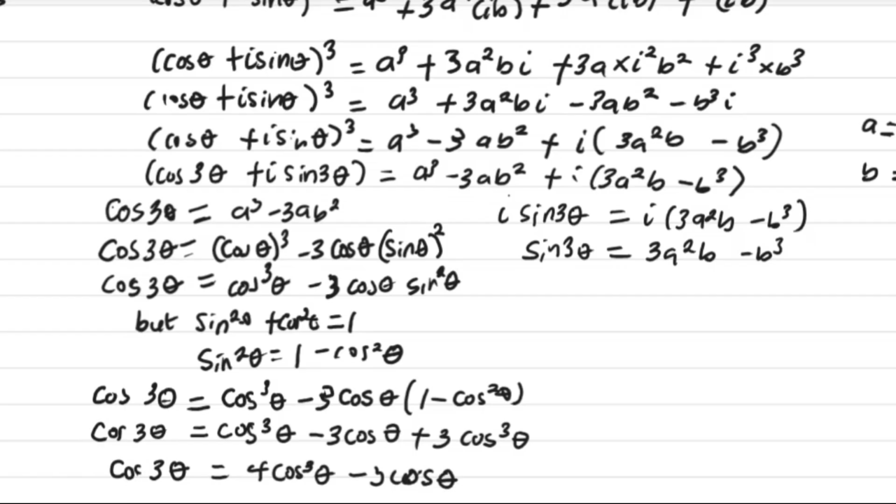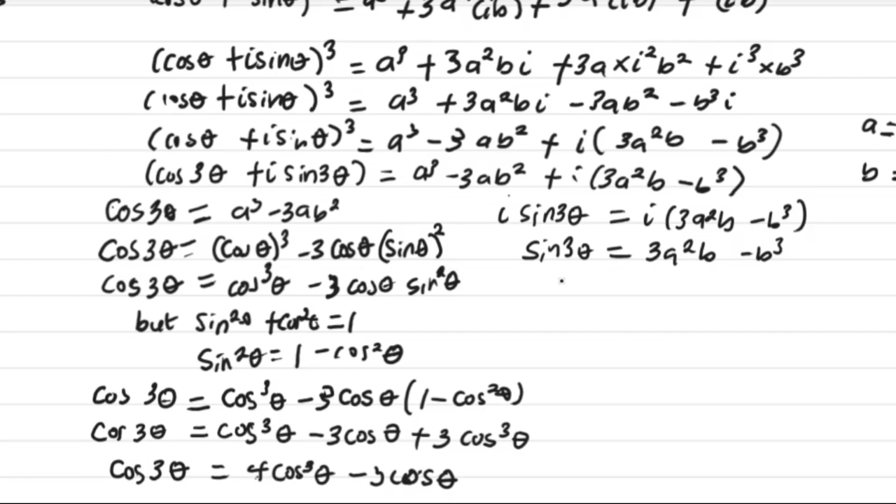And cos 3 theta equal to 4 cos cube theta minus 3 cos theta is a trigonometrical identity. So you have discovered that using De Moivre's theorem, we have been able to prove why cos 3 theta is equivalent to 4 cos cube theta minus 3 cos theta.